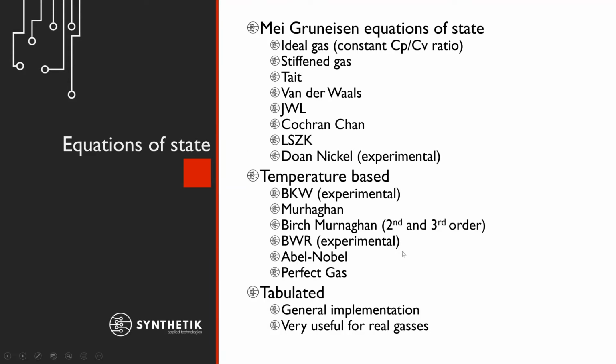And then lastly, we have a tabulated equation of state. Hopefully it's a very general implementation, and it's used for real gases where you don't have an explicit form of pressure. So basically it uses a two-dimensional lookup table for pressure and temperature, based on internal energy and density.